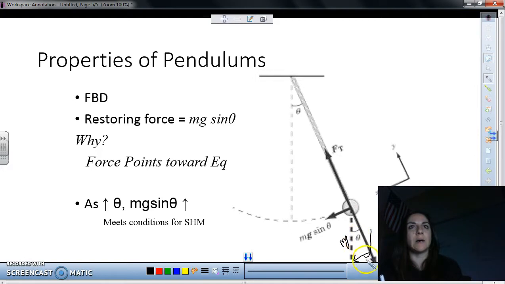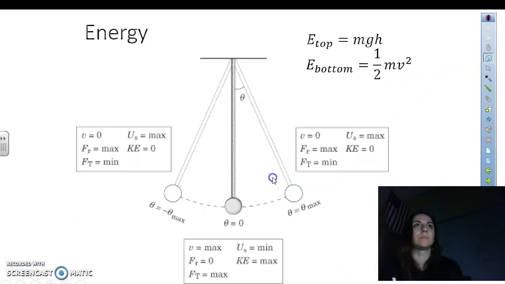So since this is opposite, this becomes a sine, and that's where this comes from, mg sine of the angle. So this is the restoring force. And as you might imagine, as I increase this angle, the larger the force. So basically what this means is we meet the conditions for simple harmonic motion.